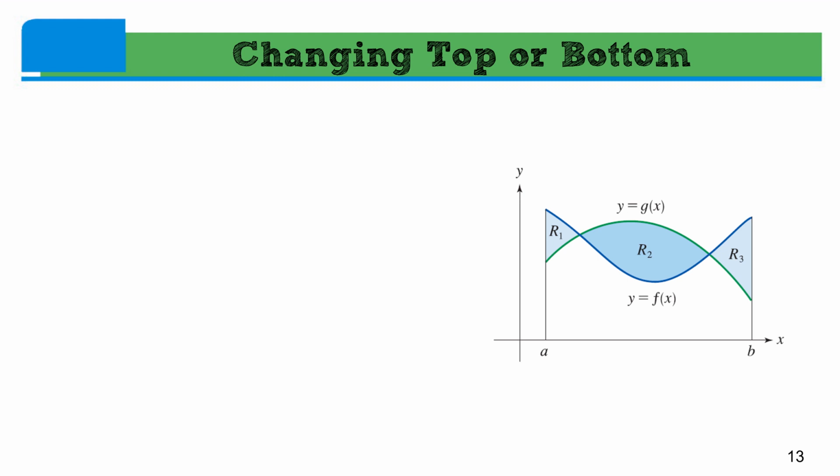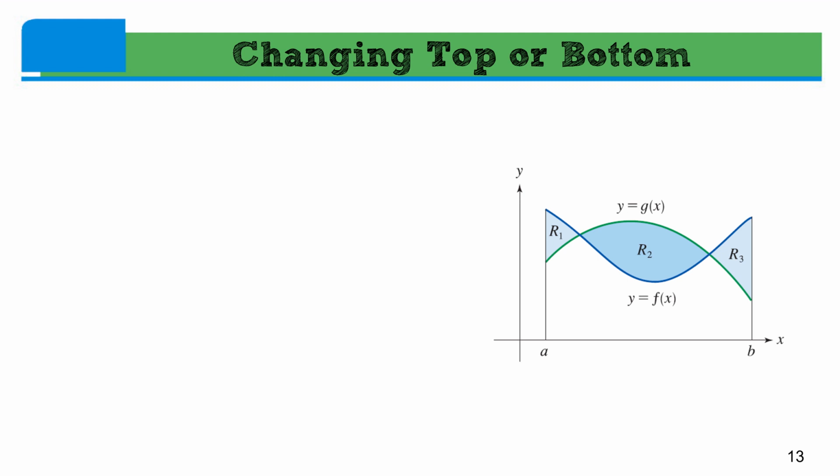So, if I have a region like this, you'll notice when I start at A, the blue function is on top, the green is on the bottom. When I get to that first intersection point, all of a sudden things flip over. The green is on top, the blue is on the bottom. That requires a new integral. Then I get to the second point of intersection and it flips back.